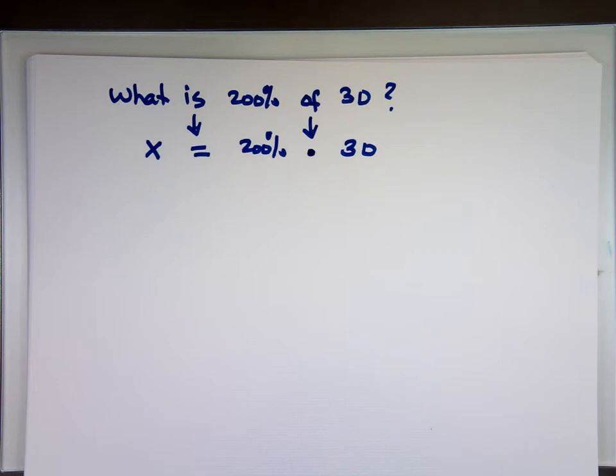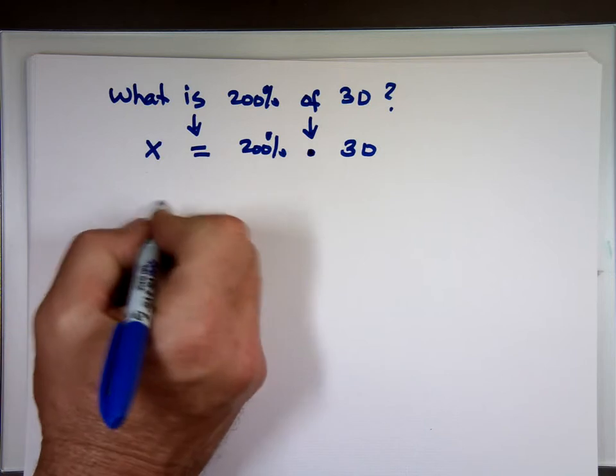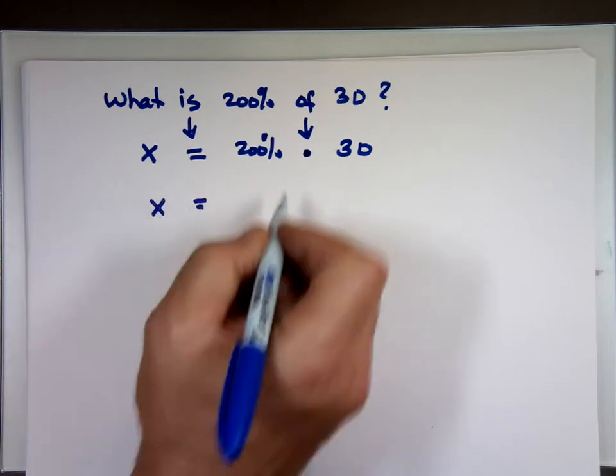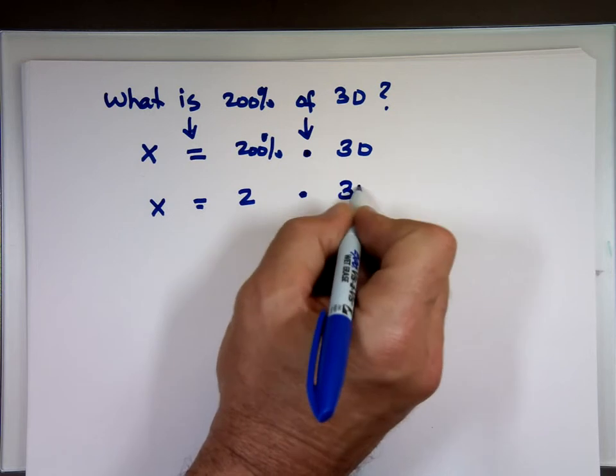Am I done translating? Well, no, I said translate. I don't want to solve it yet. But am I done? No. You got to change that number to a decimal number first. What's 200% as a decimal? 2. 2 times the 30. If it says translate, I'm done.